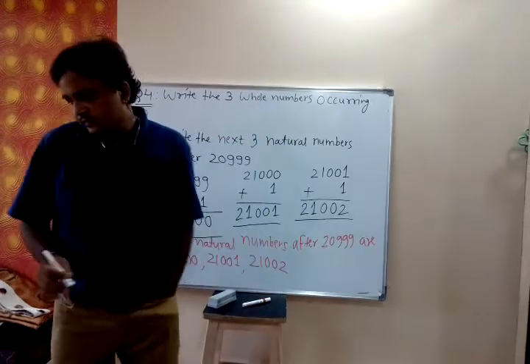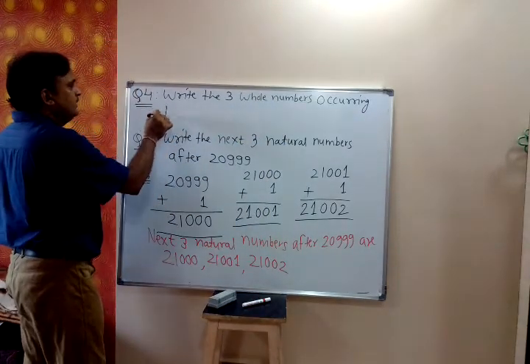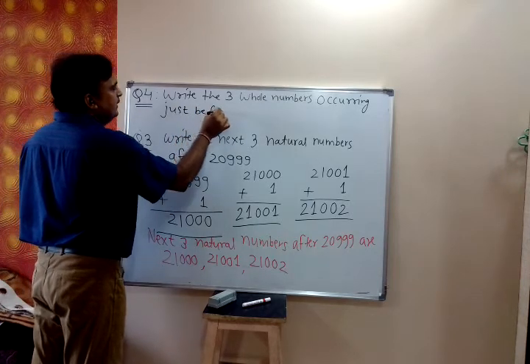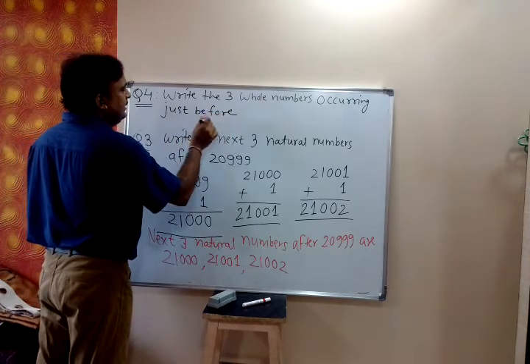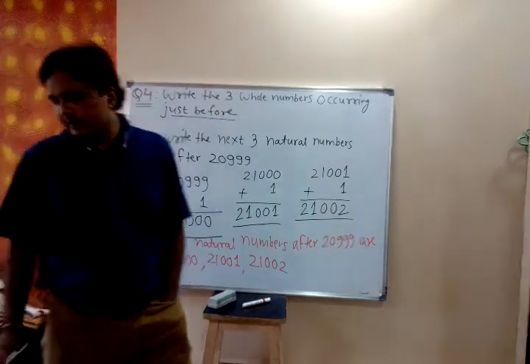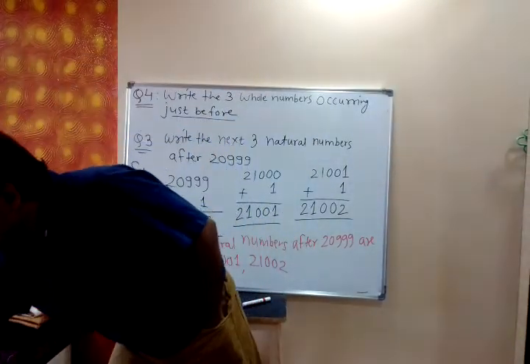Write the three whole numbers occurring just before means predecessor, occurring just before.